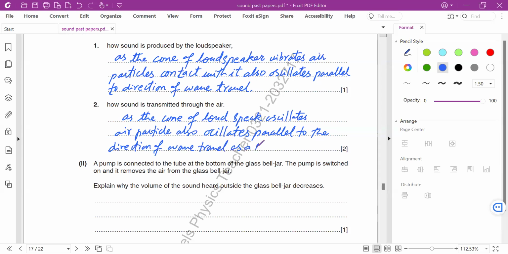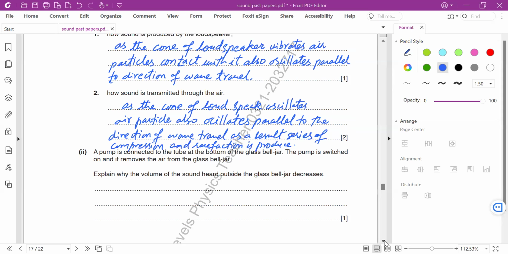As a result, a series of compressions and rarefactions is produced. So energy is transferred due to the oscillations of particles.